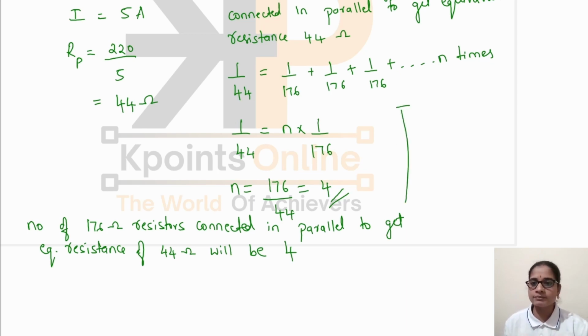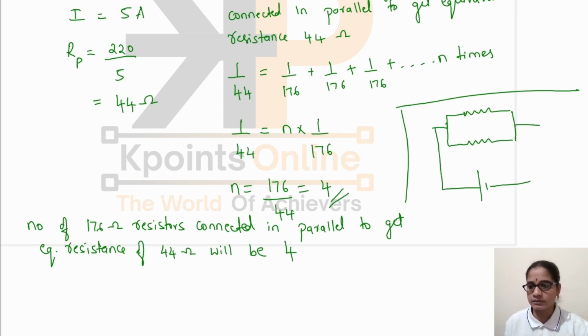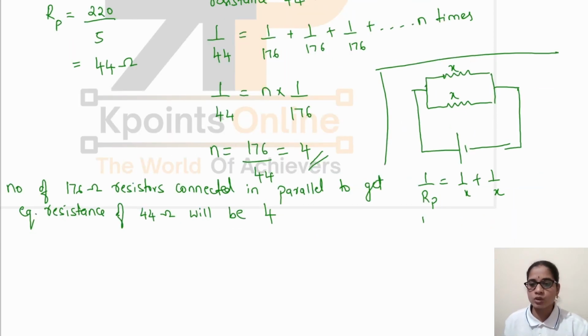Let's see here. If we are having two resistors connected in parallel having the same value of resistance, let X be the value of resistance for both these resistors. Now the equivalent resistance is given by 1 upon Rp is equal to 1 upon X plus 1 upon X. So 1 upon Rp is equal to 2 upon X, which gives Rp is equal to X by 2.